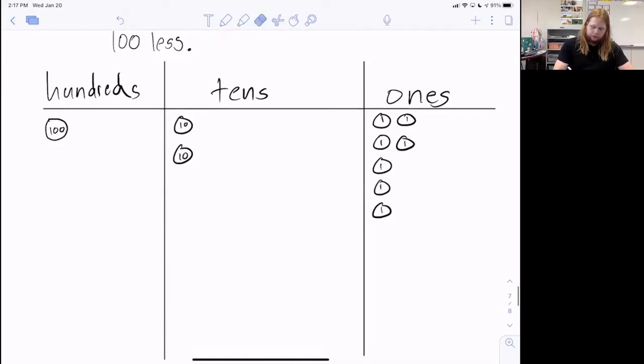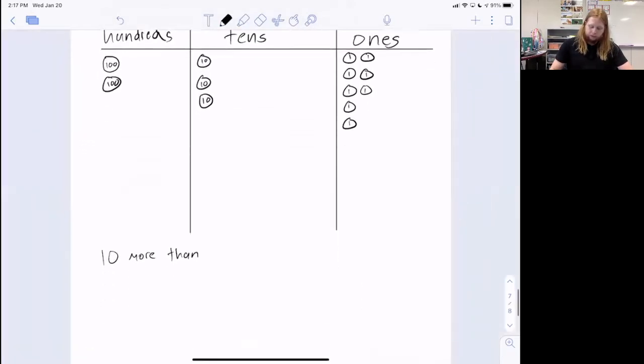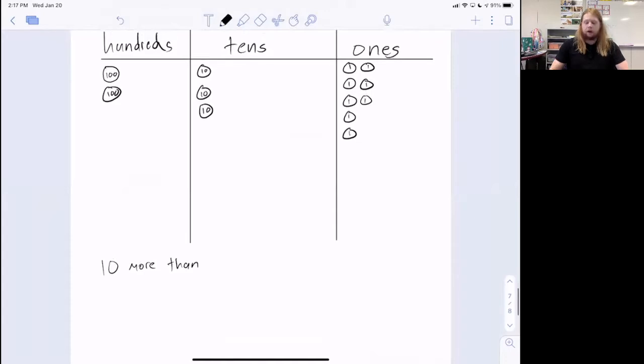I'm actually going to change this to 238. So you're going to figure out 238. And what I'll do is you can use this chart, just pause your screen and use the chart. So 10 more than 238 is what?